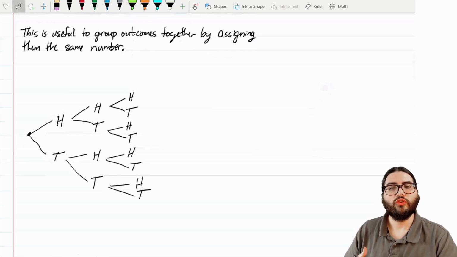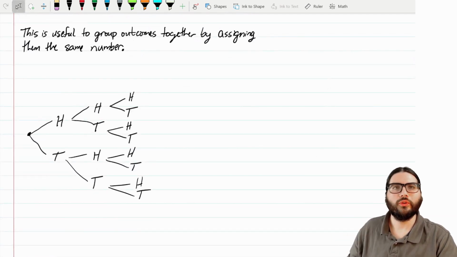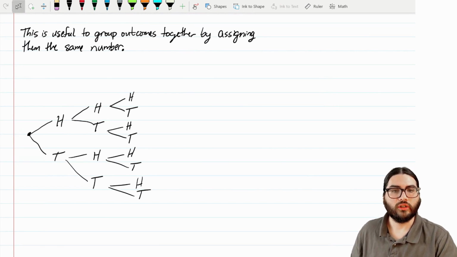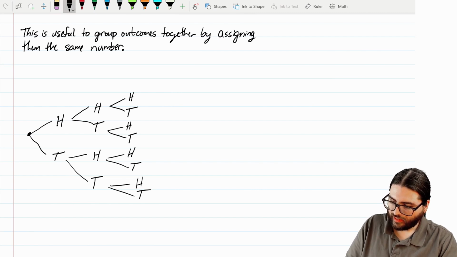Rather than do H1, T1, H2, T2, remember when I was doing the numbers down below before with the cookies? Rather than do that, what I'll do is I'll list the individual coin flips in the final outcome. So for example, in this top path of the tree, this outcome I might measure as heads, heads, heads. And I would notate that as heads, heads, heads.